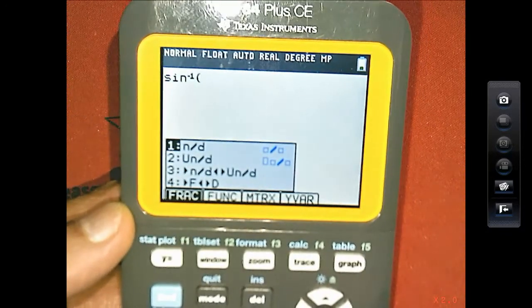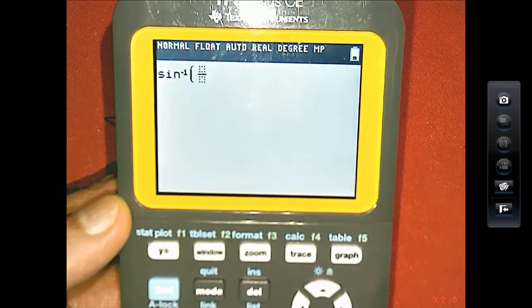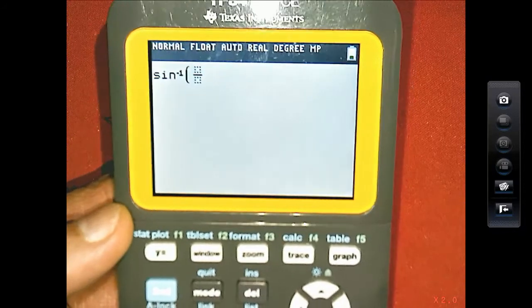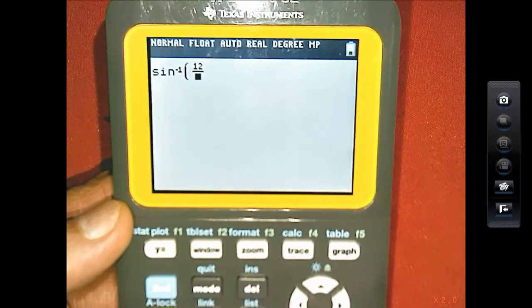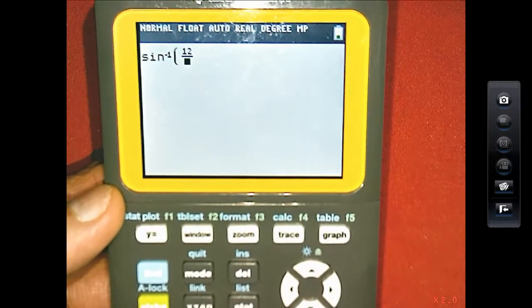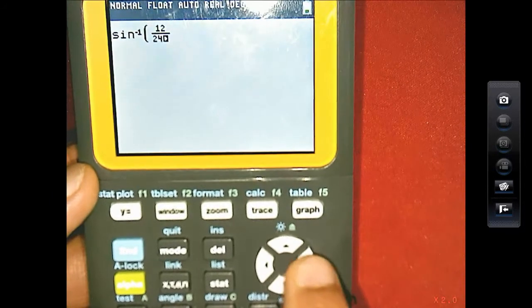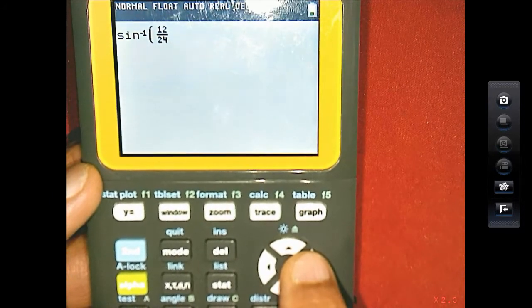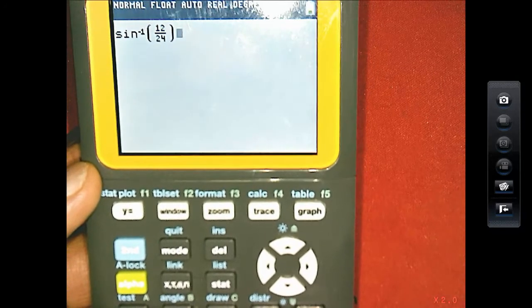Then it will ask whether you want a numerator or denominator. Then you can press the enter key. Then I type the numerator 12, and use the cursor keys to come to the denominator. Then type 24. Once I'm done typing, use the cursor keys, move to the right side, and then close the parenthesis.